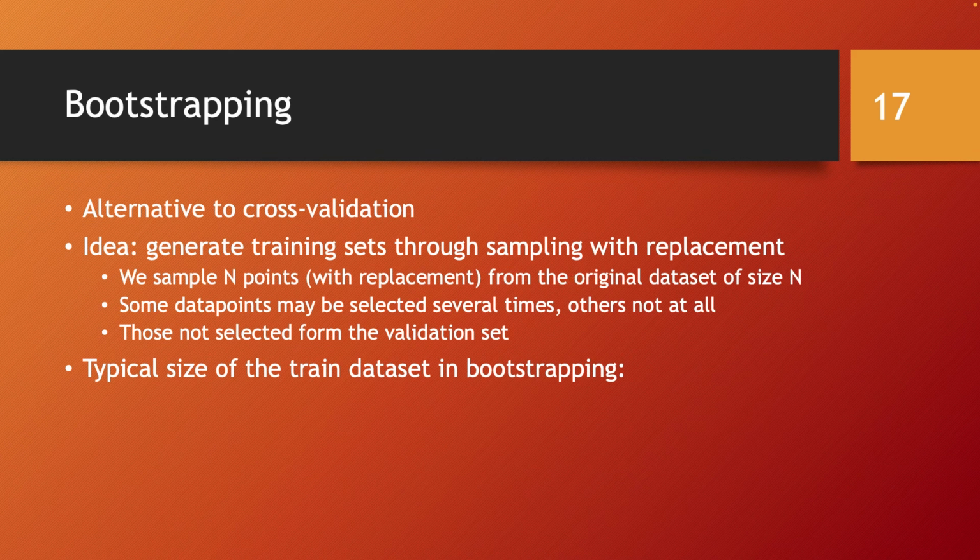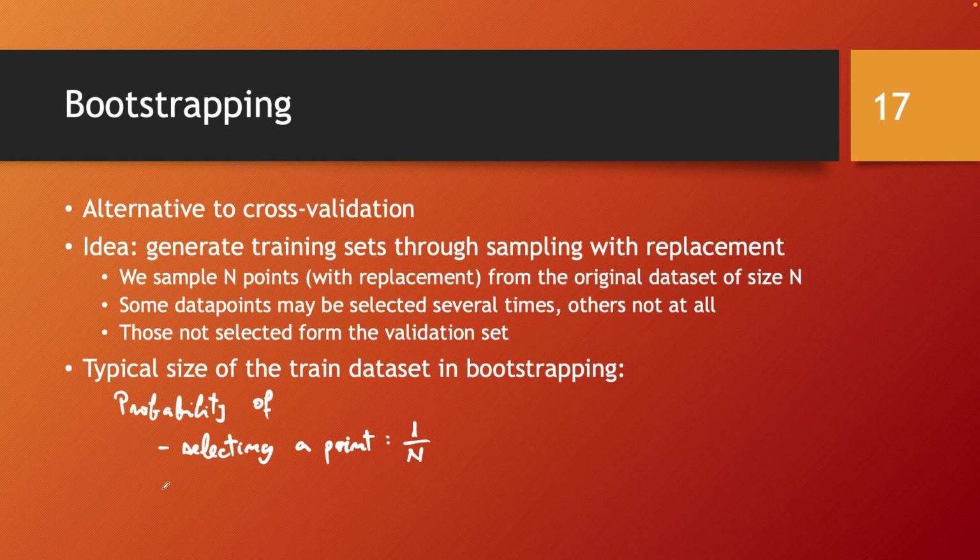And I would like to reason with you about the typical, the expected size of the training dataset in bootstrapping. Here are a few points to make about this. Thinking about several probabilities: you have your favorite point, and you are asking what's the probability that this point is going to be selected in the next sampling, and that's obviously 1 over n.